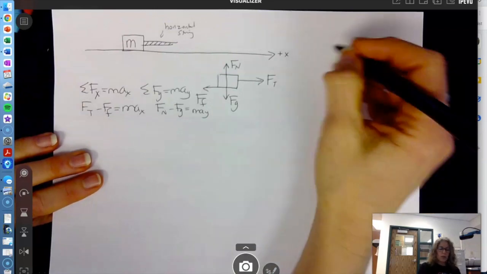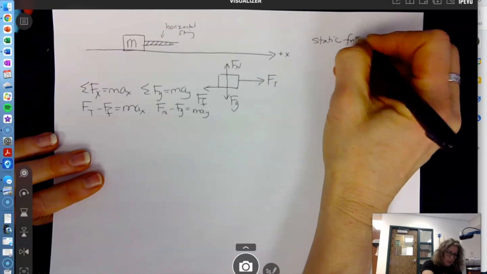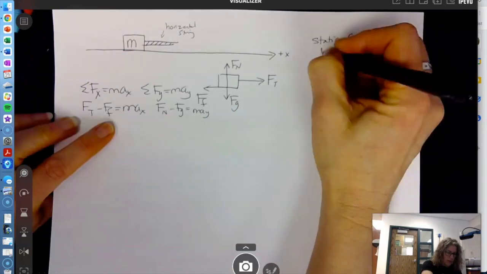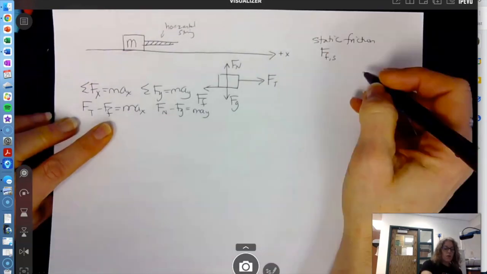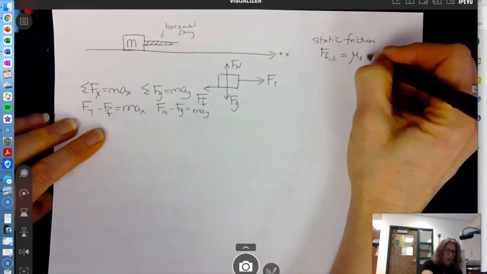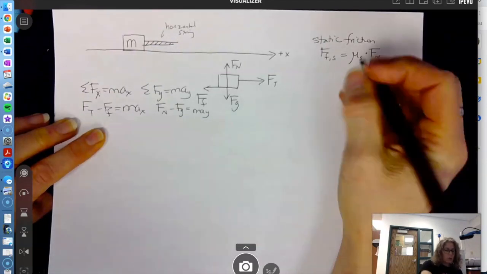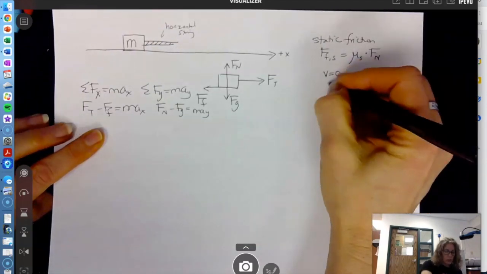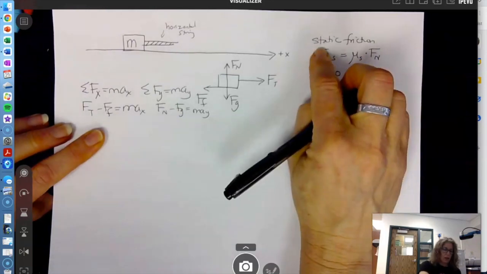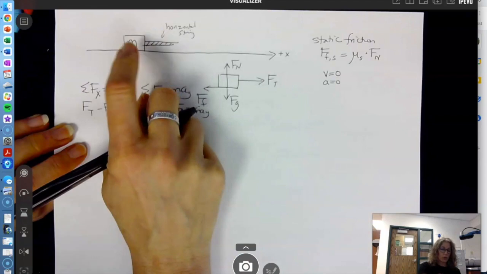Now, when we're dealing with static friction, when this Ff is Ff sub s, then we know that mu static times normal force is how we calculate it. We also know that it cannot be moving. The whole point is that it's static. It hasn't yet moved. You're pulling, but it hasn't resulted in motion.